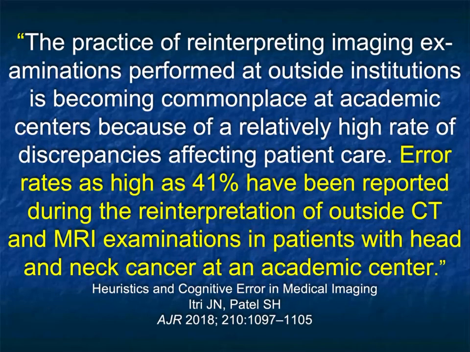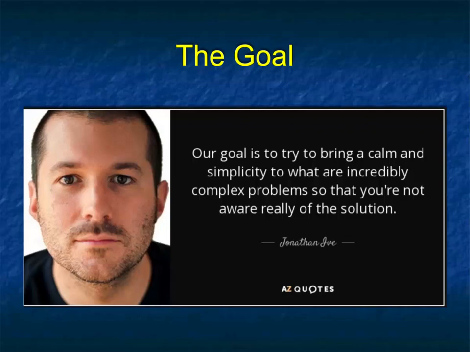Now, sometimes people say, well, it's because you're now at a tertiary center, there's more experience. Sometimes that's an impact. We see that with pancreatic cancer. Sometimes just a second read, you might have more history, you may be paying more attention. It's not just a routine study. So in those situations, perhaps that explains why the second reader does so much better. Regardless, you can see the problem is very complicated.